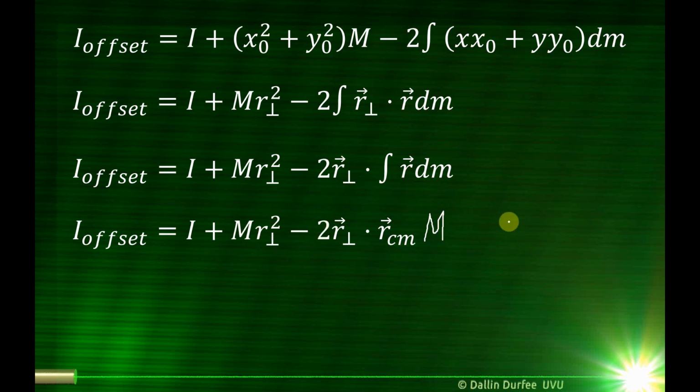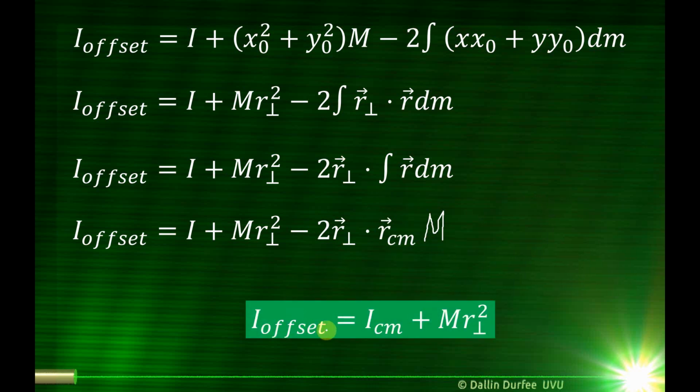Well, what is this thing equal to? Well, if our original axis was about the center of mass, then our center of mass is 0, and this term goes away. In other words, I offset is just I about the center of mass plus m r perpendicular squared.